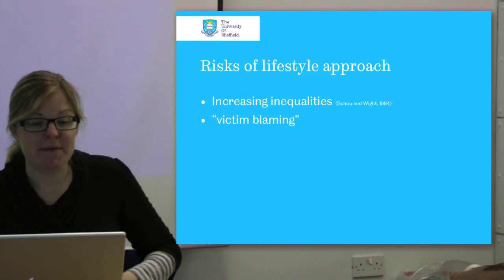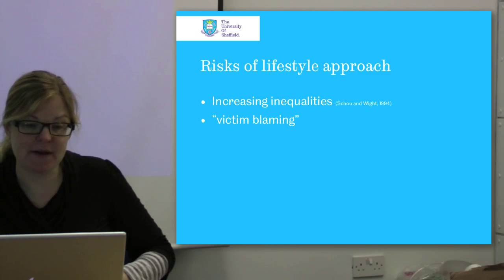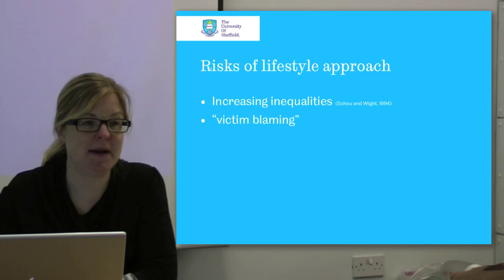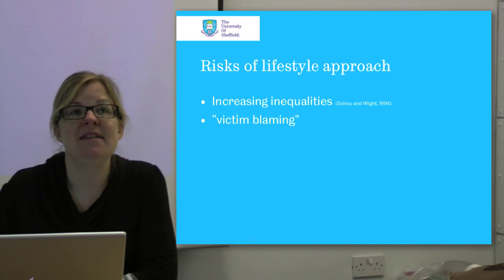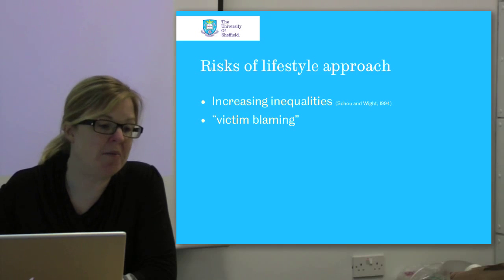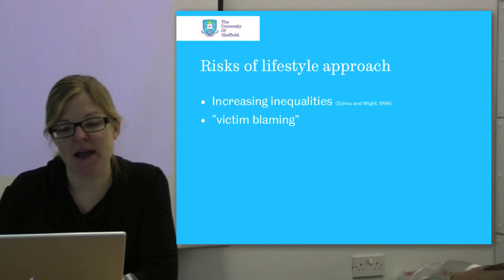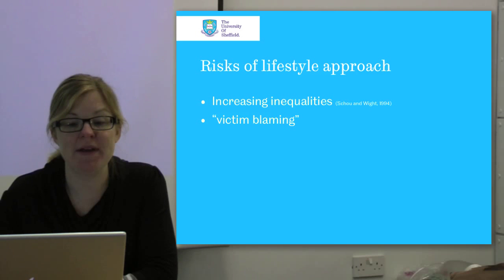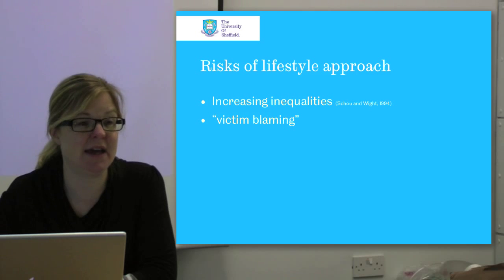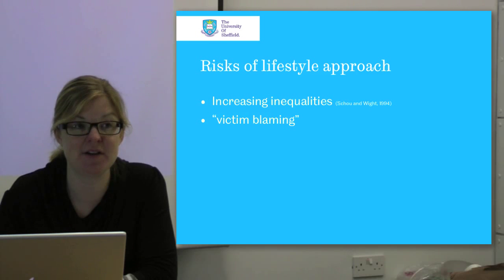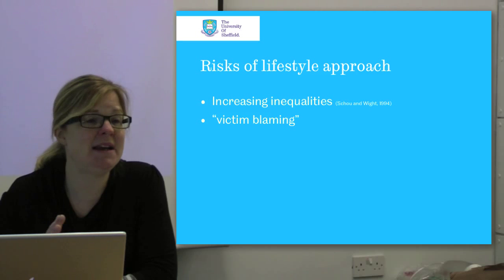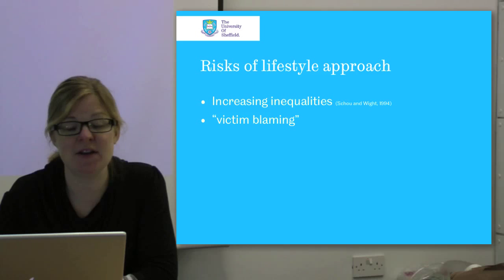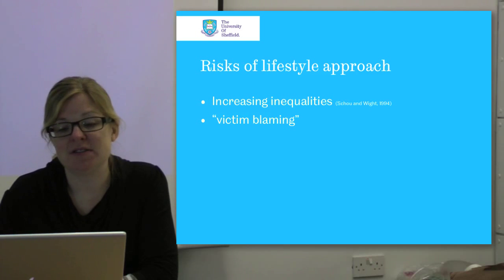And the other problem, and you will remember hearing about this in the first module, is that it's very much about victim blaming. It ends up with saying, well, you don't brush your teeth, you smoke, you do this, in a very accusative way, without recognising that the reason we do things that are bad for us is for many, many different reasons: because they make us feel better, because we feel a bit fed up, we're a bit tired, we want a bit of chocolate, we can't stop ourselves.